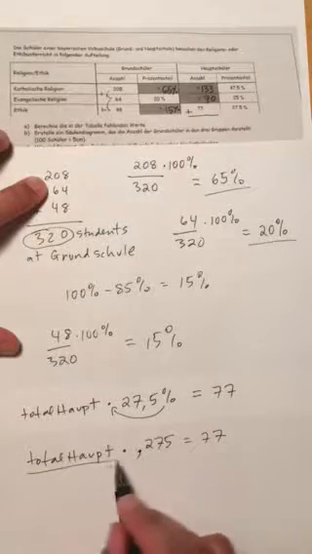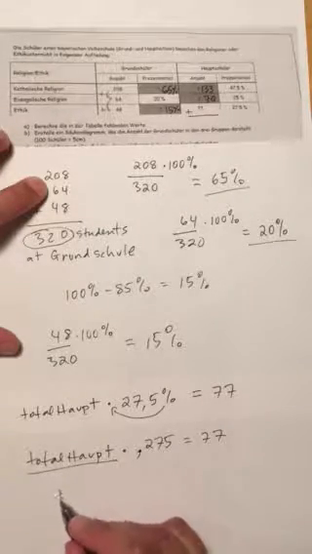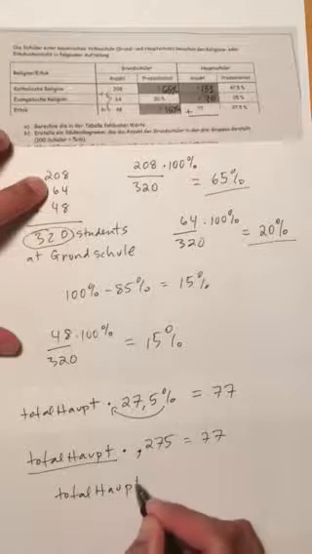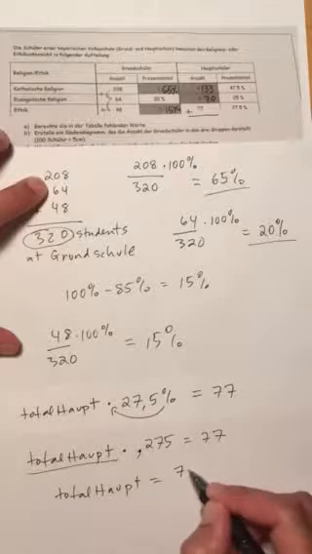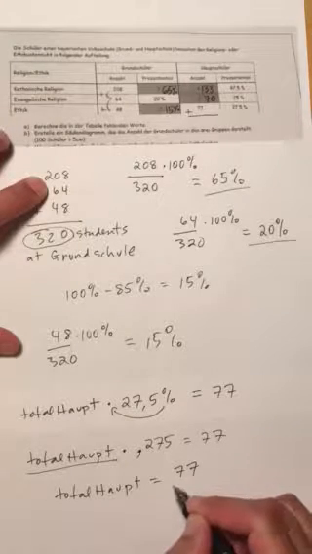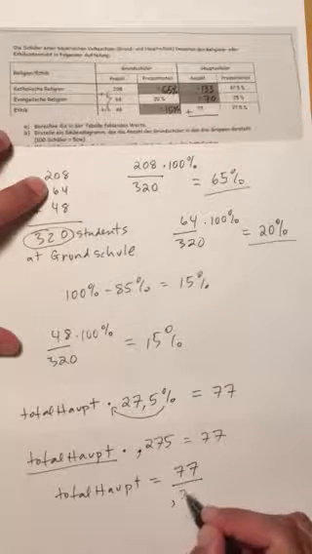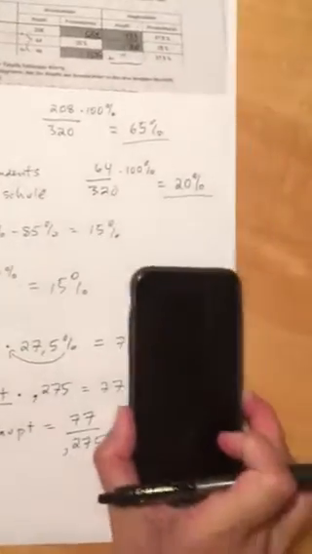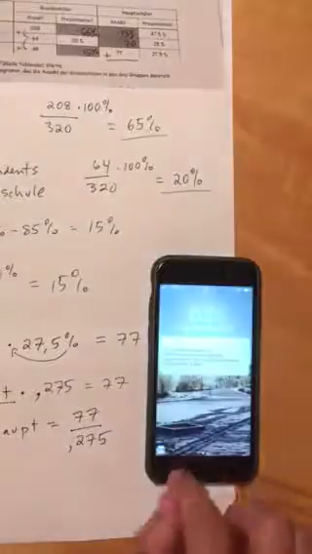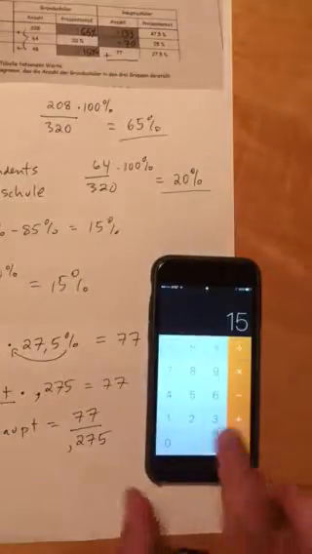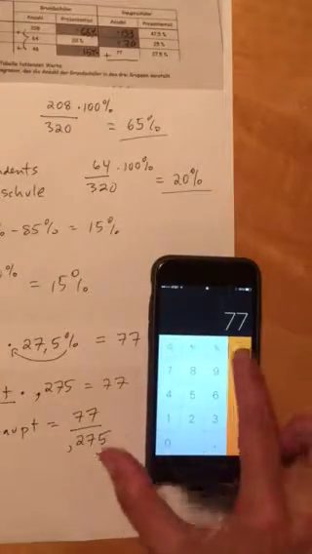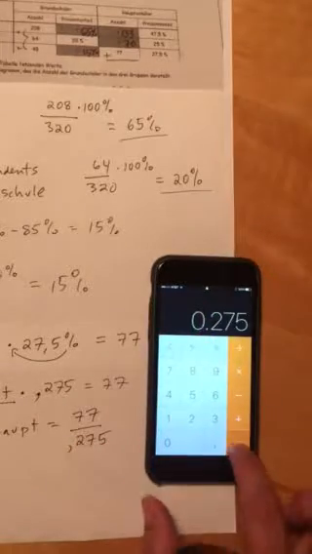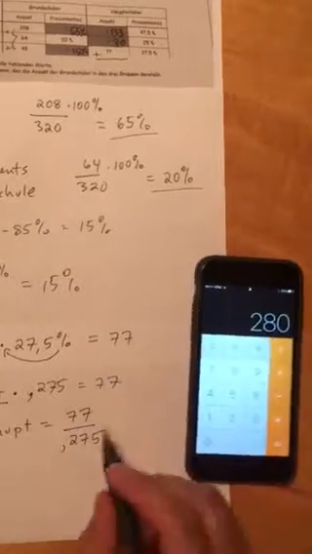So what is the total? The total Hauptschule is going to be 77 divided by 0.275, and that gives us 280.